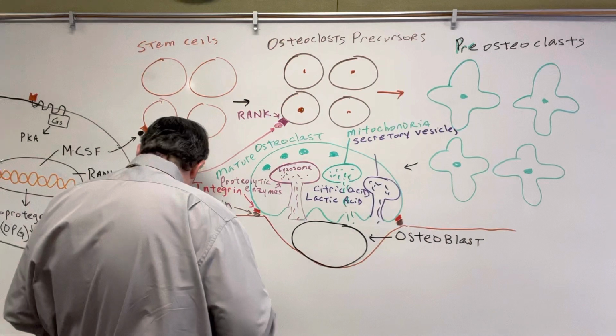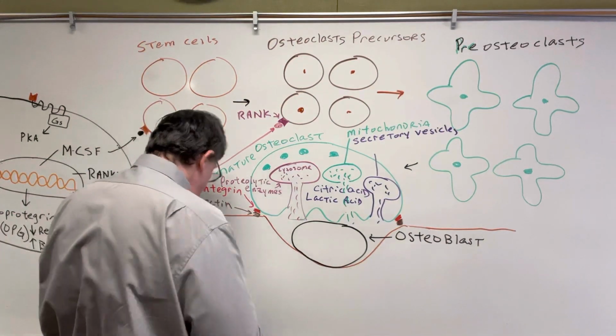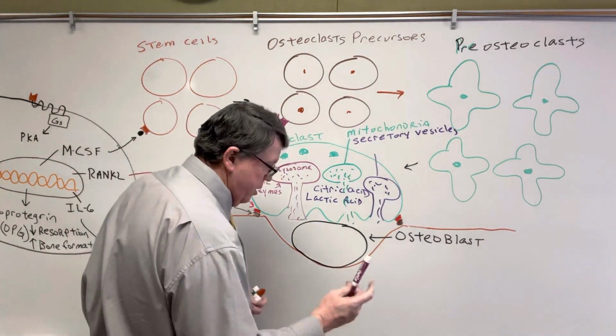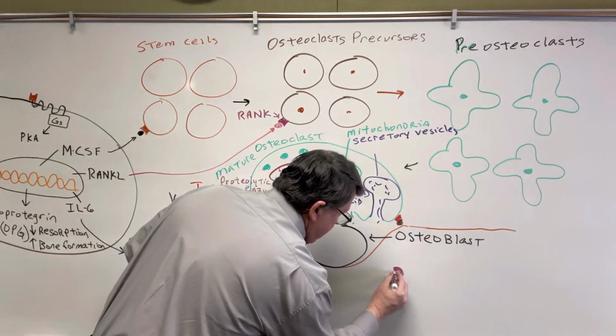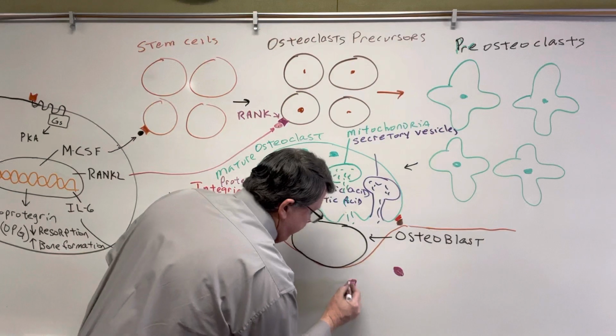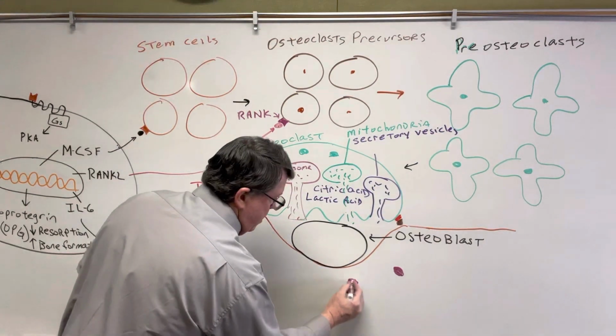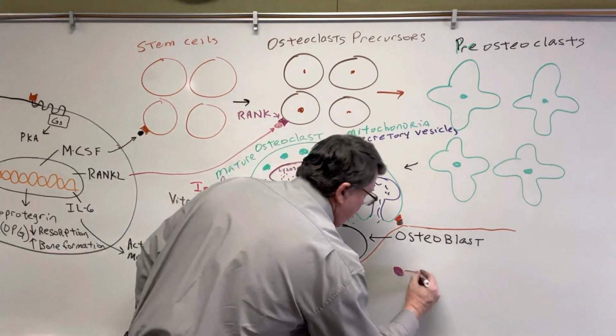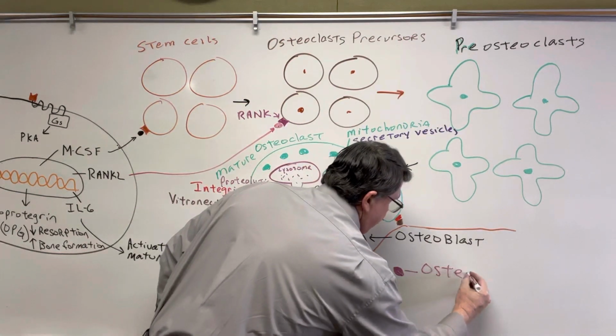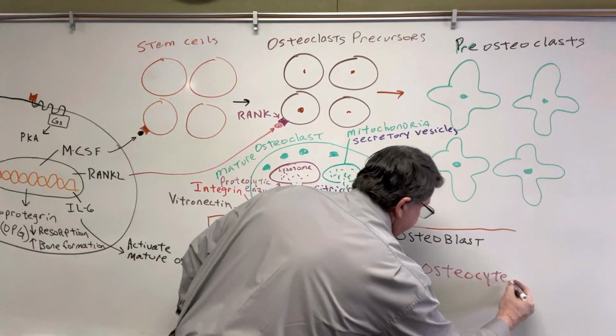So let's draw some osteocytes. Let's just use this purple. So I'm going to draw an osteocyte right here. And then I'm going to draw another osteocyte right here. So there's my next osteocyte. Then I'm going to draw another osteocyte right here. Now remember, you have a whole bunch of these. But these are going to be my osteocytes.